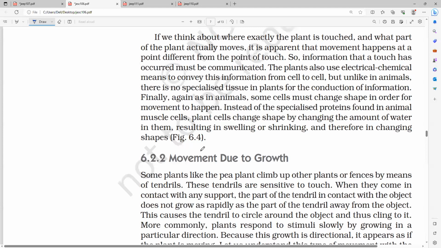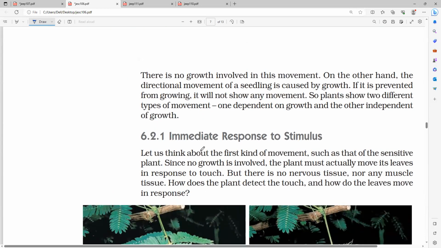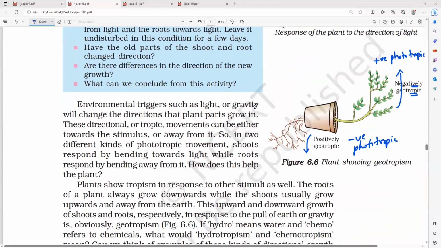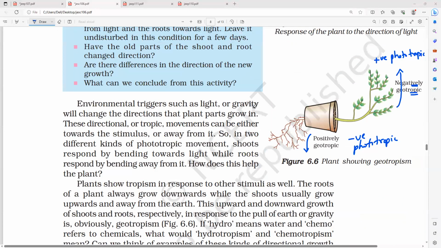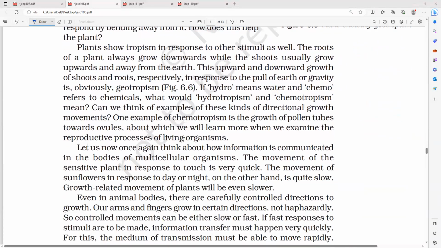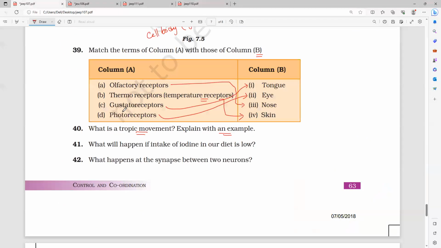Page 107. No, our proper definition is not given, but they are giving you the examples only. So already in your notebook, you can see that it will be having it.